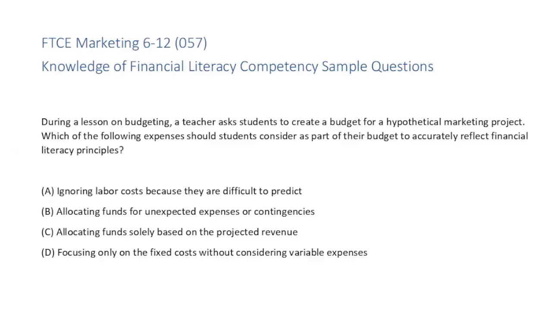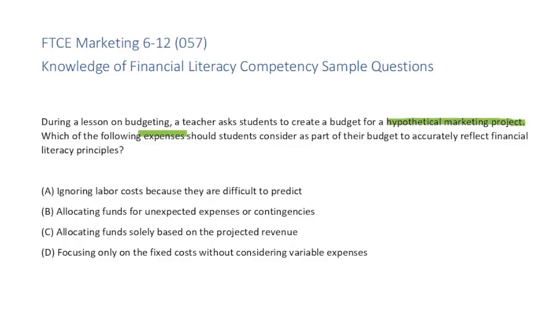Referring back to the question once again to be sure we're clear on what we're being asked, the teacher has created a lesson on budgeting, and she wants students to create a budget for a hypothetical marketing project. Which of the following expenses should students consider as part of their budget to accurately reflect the financial literacy principles? Allocating funds for unexpected expenses or contingencies reflects a key principle of financial literacy, being prepared for unseen financial needs.